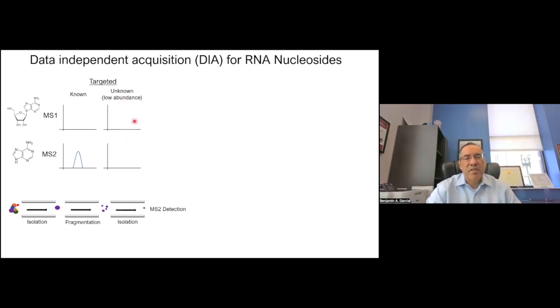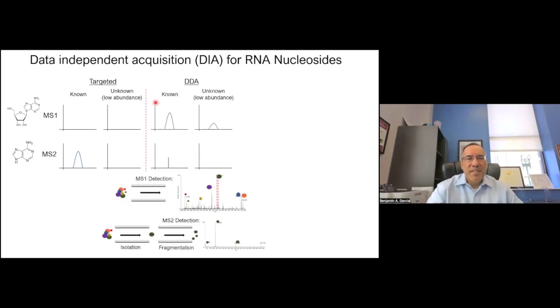So targeted work only works for things that you can expect or know. DDA, data-dependent approaches, work as MS-MS. You get your full MS, and then that triggers MS-MS. So if something's known, it will trigger MS-MS. With something low abundant, sometimes you get it, sometimes you don't. So for low-level PTMs, this approach maybe doesn't always work.